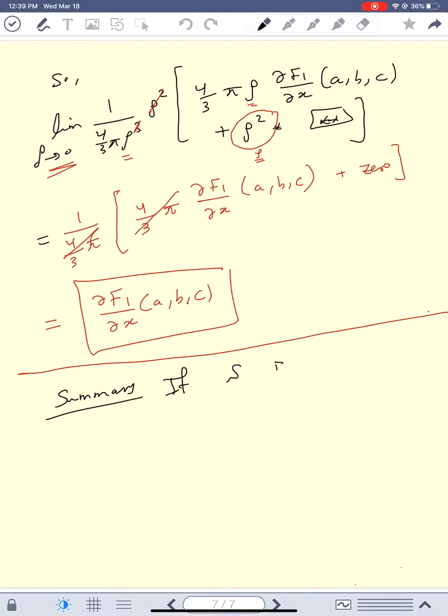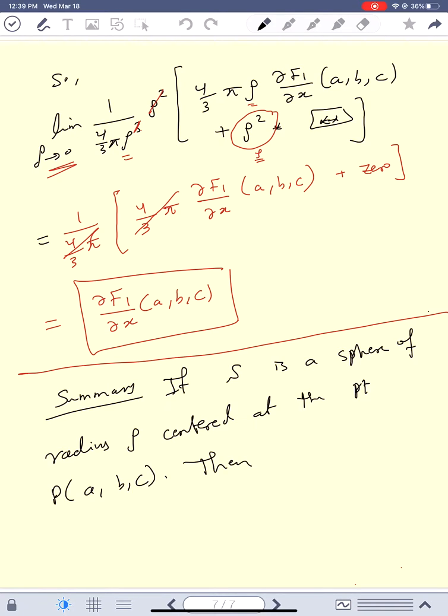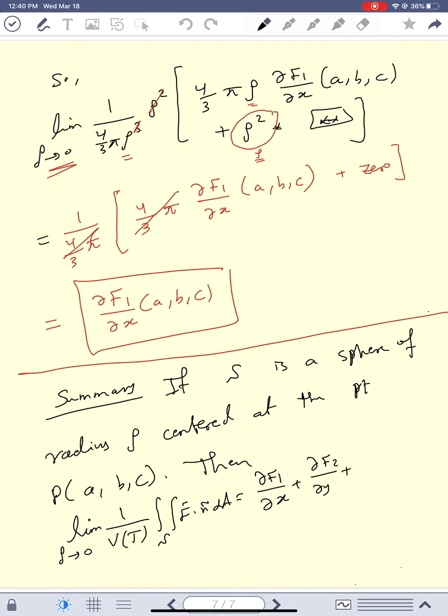If S is a sphere of radius rho centered at the point (a, b, c), then if you take the limit as rho goes to 0 of 1 over the volume of the solid, times the surface integral of f dot n dA, this will be exactly the derivative of f1 with respect to x, plus the derivative of f2 with respect to y, plus the derivative of f3 with respect to z, of course at the point (a, b, c).